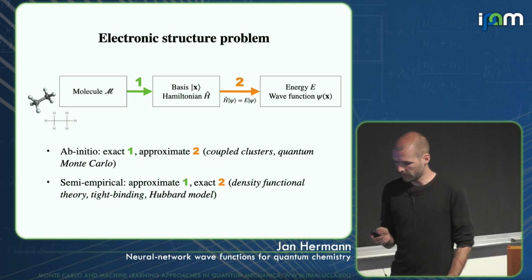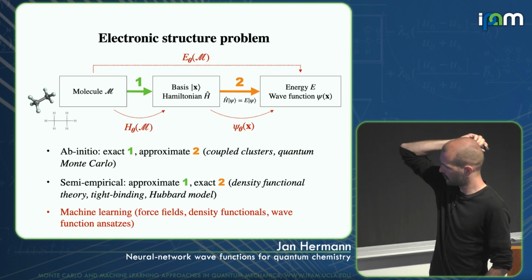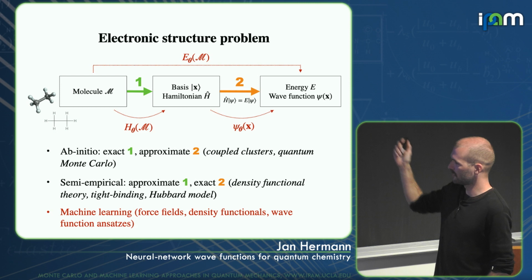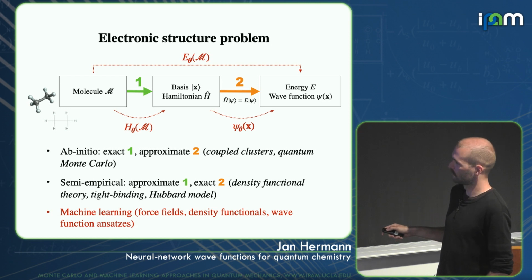And people have tried, since about 10 years ago, with rapid increase. Well, I mean, people have tried before, I'm sure, but the recent explosion is about the last decade, where people have tried to put machine learning in various of these steps in order to help solve the electronic structure problem.